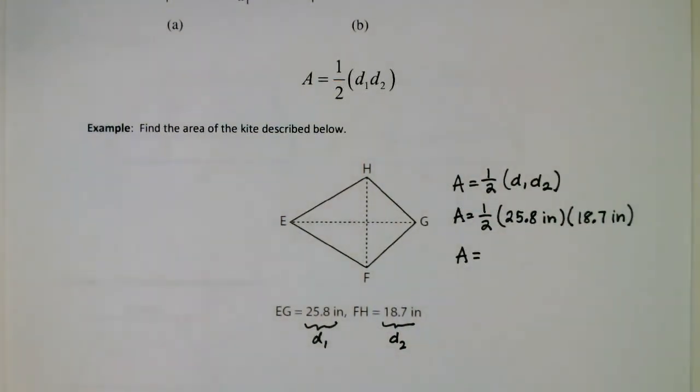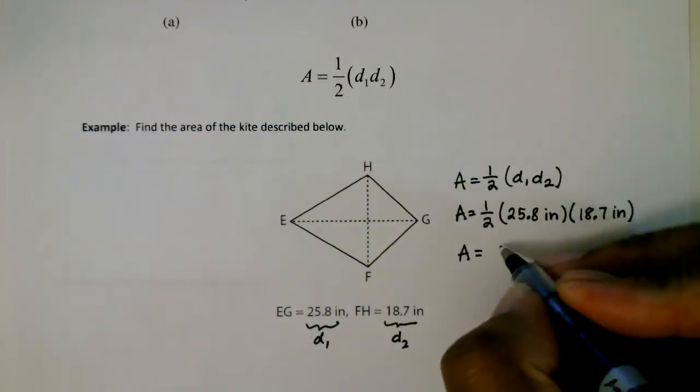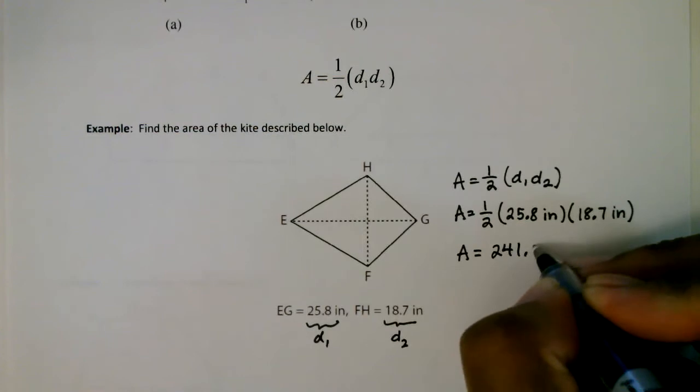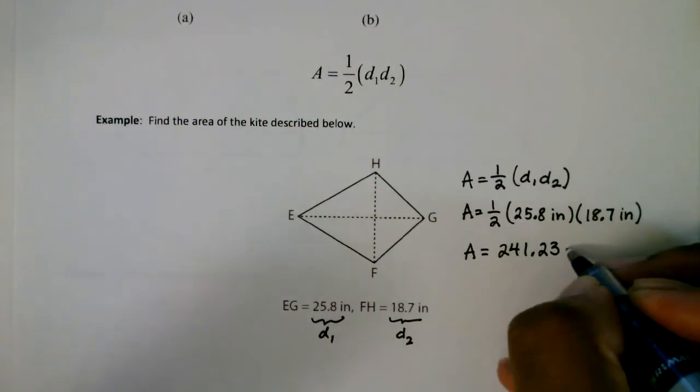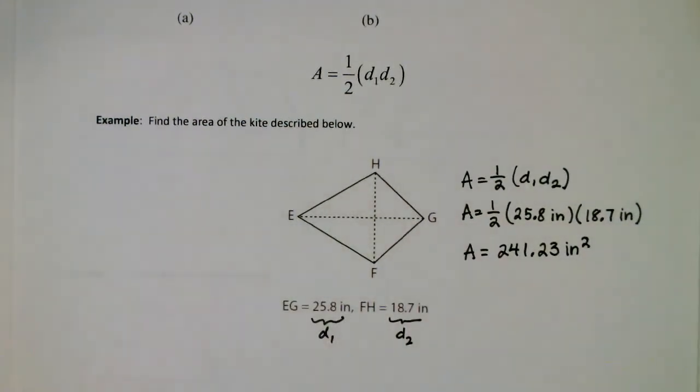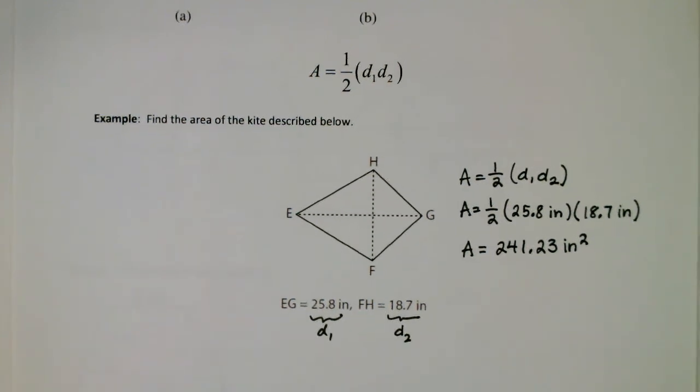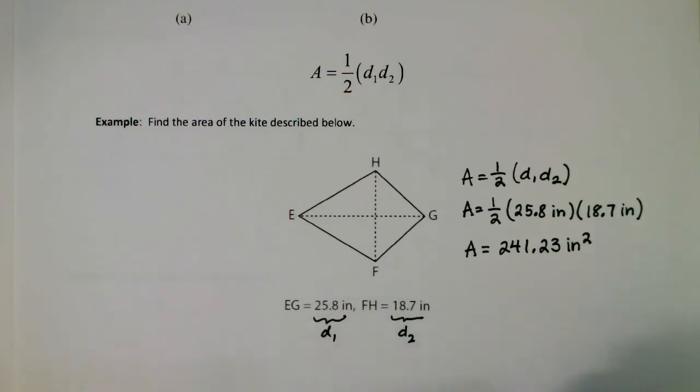I'm going to do this in the calculator. 1/2 times 25.8 times 18.7, I would get 241.23, and that's in square inches. That would be the area of that kite with those diagonal lengths.